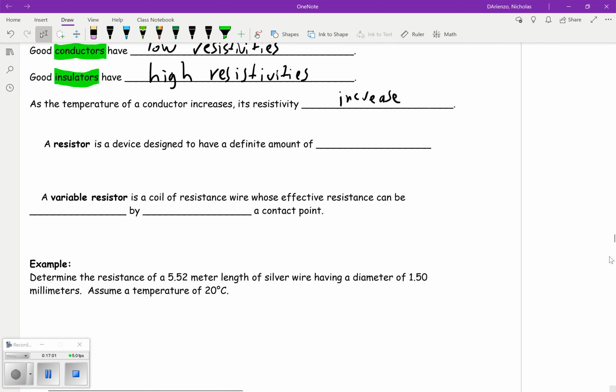Now, a resistor itself is a device that we can add into an electric circuit that is designed to have a definite or specific amount of resistance.